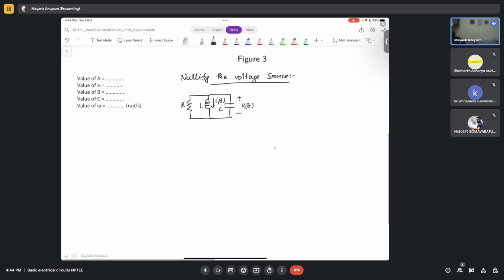Again the same one: s square plus 2 zeta omega n s plus omega n square equal to 0, right? Again, this is the characteristic equation.